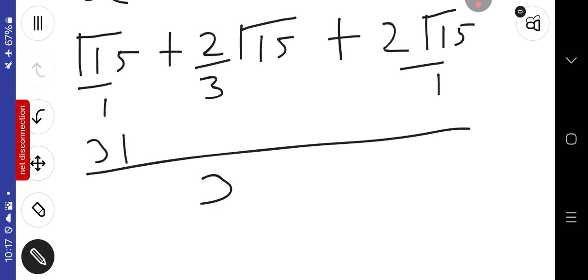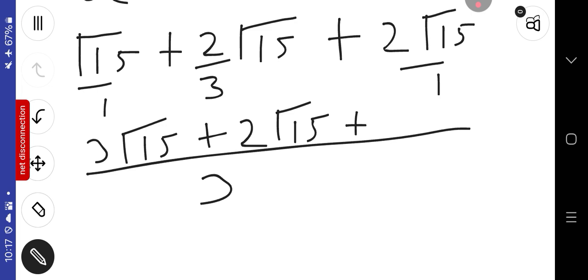So you're going to multiply square root of 15 plus 3 goes here 1. So you're going to have 2 root 15, because the 1 will multiply the 2. So you have 2 root 15 plus 1 goes here, 1 goes to 3 times. So 3 will multiply the 2. So you're going to have 6 root 15.